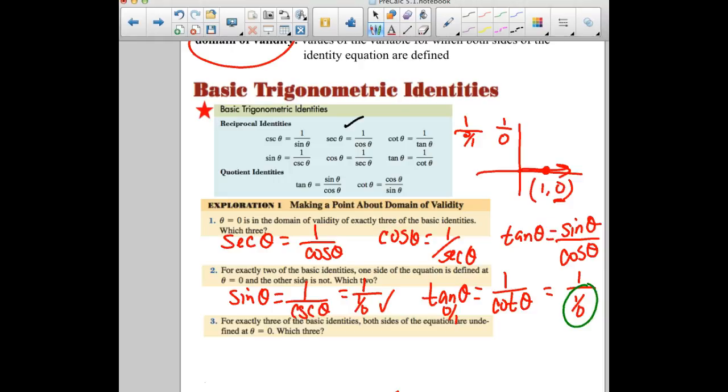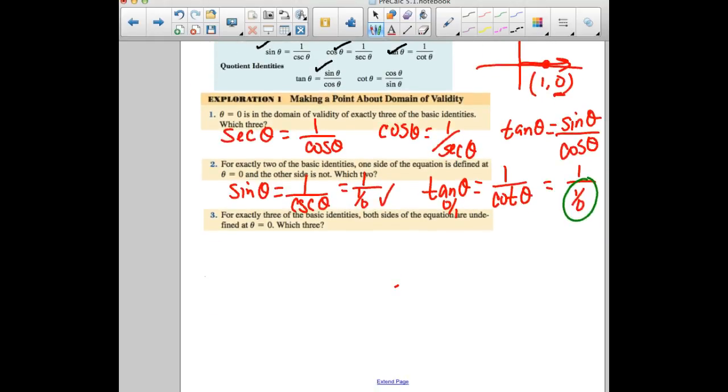We said it works for cosine, this one. And we said that it works for the tangent being sine over cosine, that one. We said it works on one side but not the other for the sine, this one, and for the tangent being 1 over cotangent. All right, so of the ones that we have remaining, they're basically saying it doesn't work on either side.